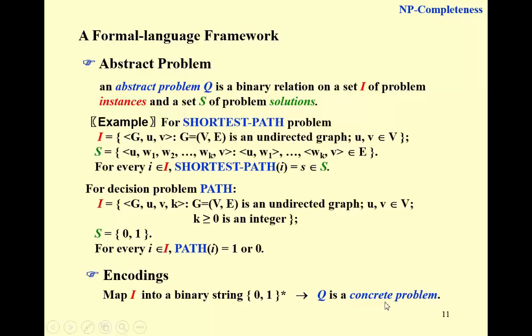Actually, it's not so accurate to say that Q is concrete, because Q is not concrete. Q is abstract. And I should give the concrete problem another name, but we can use encodings to map abstract problems to concrete problems. And the concrete problem does produce the same solutions as the abstract problem. So the solutions are just Q of I, so it's okay.